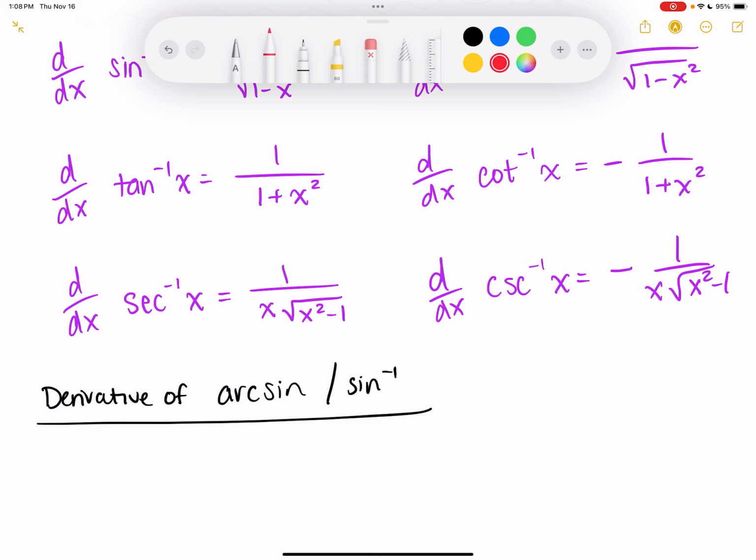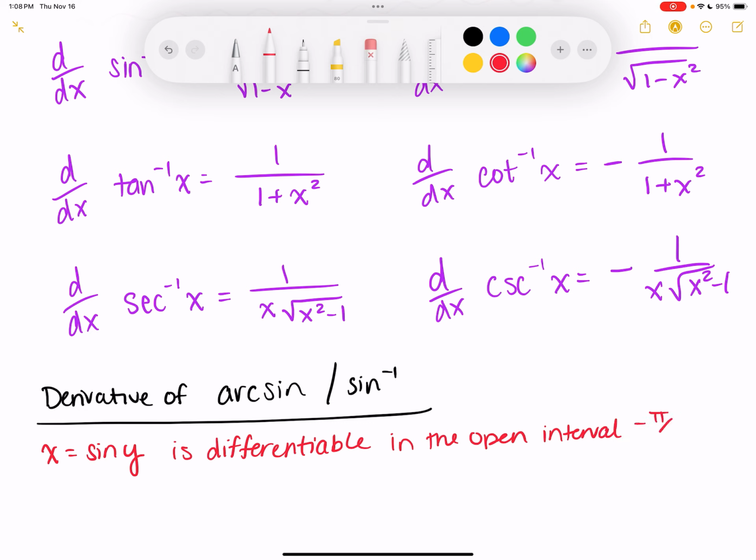So x equals the sine of y is differentiable in the open interval minus pi over 2 less than y less than pi over 2.